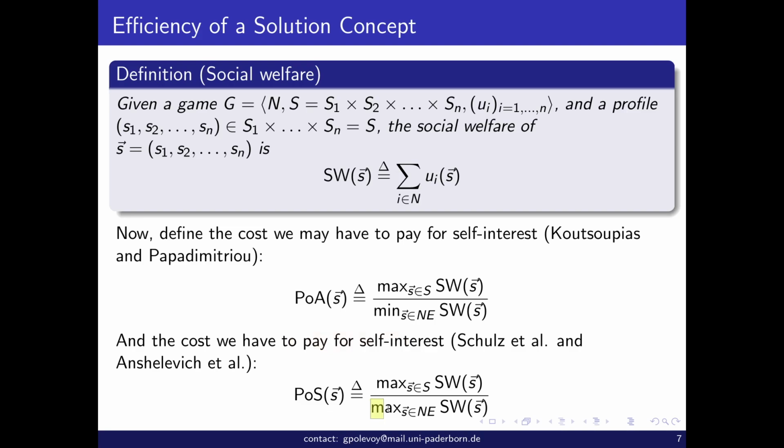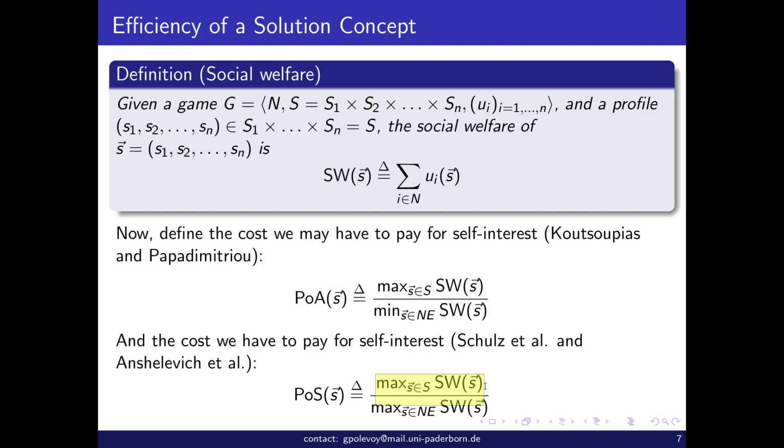The maximum social welfare which we can get in an equilibrium is the denominator of this fraction. We look at the ratio between the maximum social welfare in general and the maximum social welfare in a Nash equilibrium, and that is the price of stability. That's the price you absolutely have to pay for being in a Nash equilibrium.